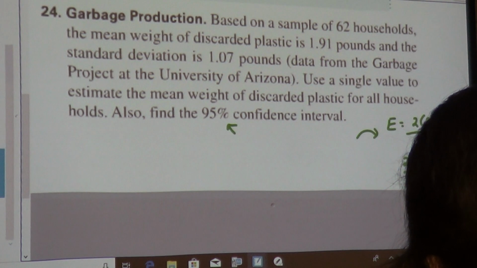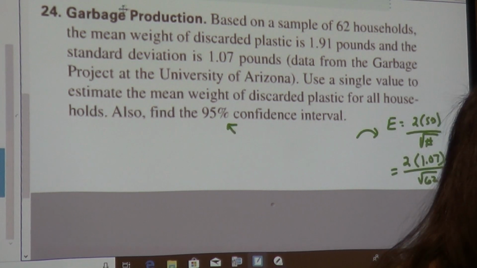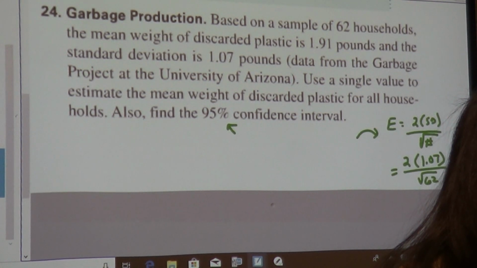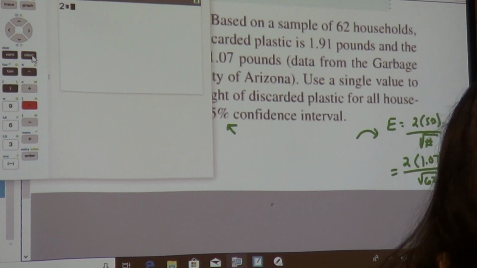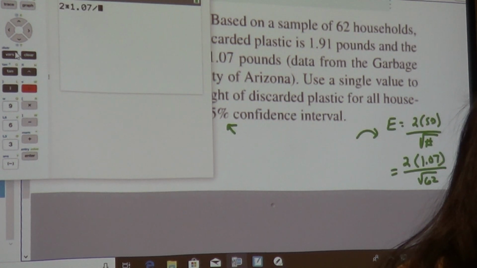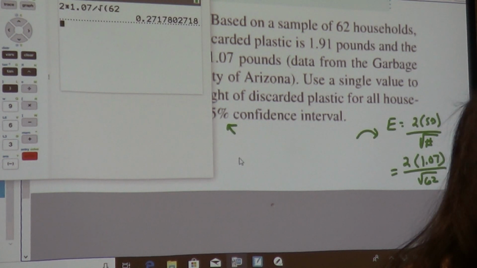So that is going to give me my margin of error. Now they didn't ask me for margin of error. But in order to get the confidence interval, you have to know the margin of error. So I'm going to do 2 times 1.07 divided by the square root of 62. That's my margin of error.